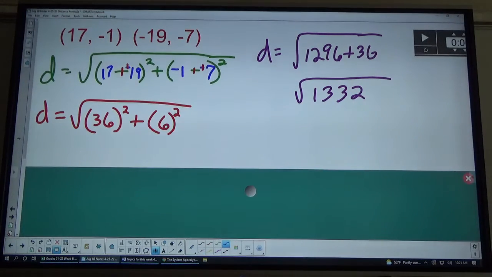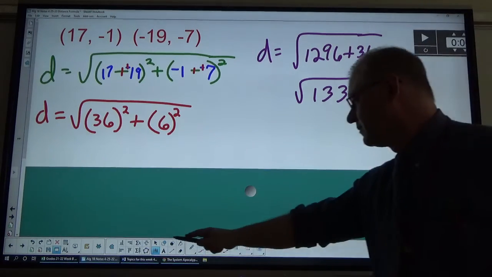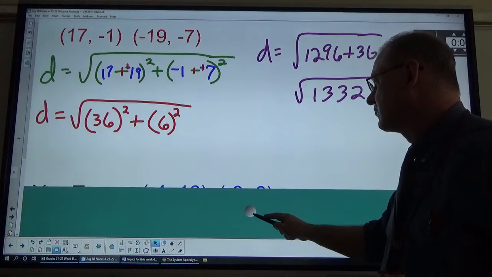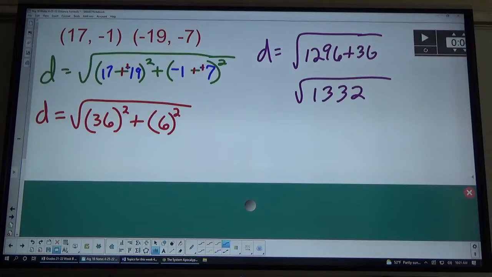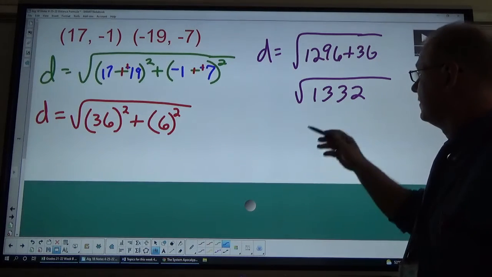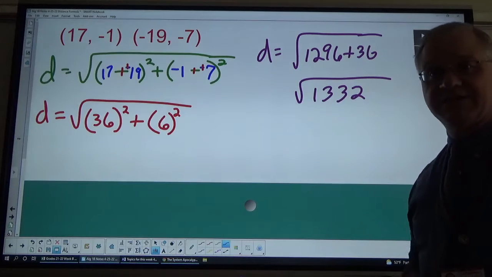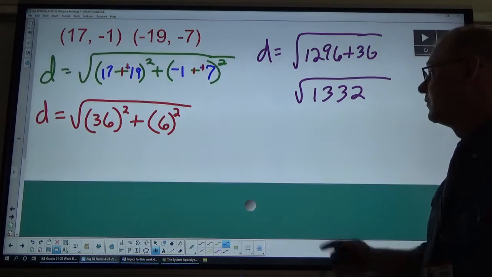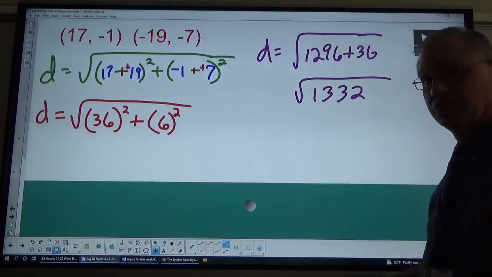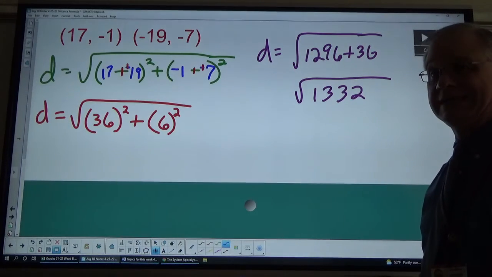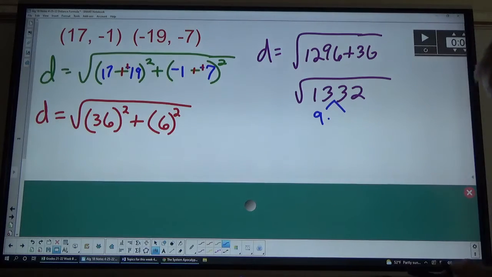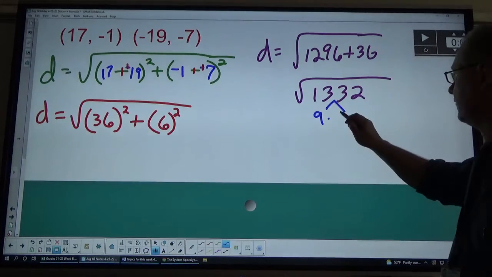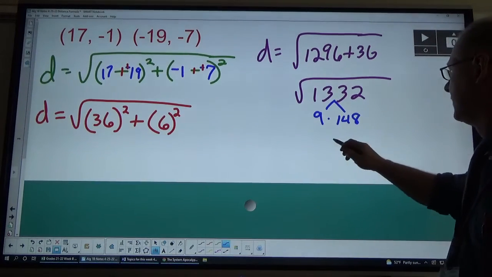Now, we're going to break this apart so that we can try to simplify this as much as possible. We're simplifying the square root. If you recall, if you add up all the digits, when I add 1, 3, 3, and 2, that adds up to 9, which means 9 actually goes into it 148 times.